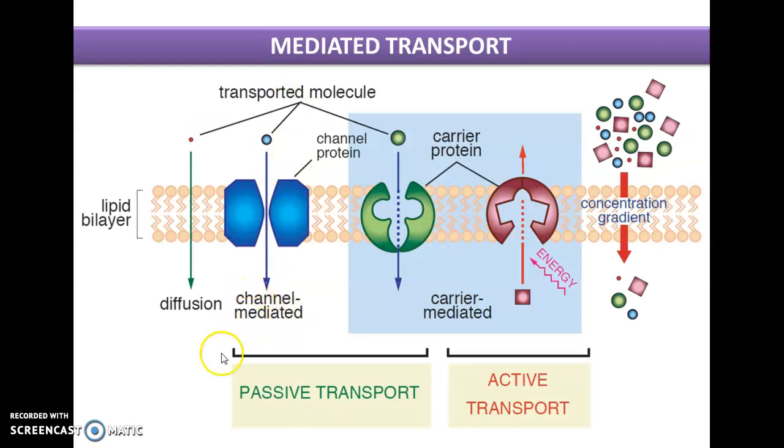First is facilitated diffusion, or passive transport. In facilitated diffusion, it promotes only movement in a downhill direction, which means in the direction of concentration gradient, that requires no metabolic energy to drive the transport system, or otherwise the molecule cannot penetrate the plasma membrane by itself.